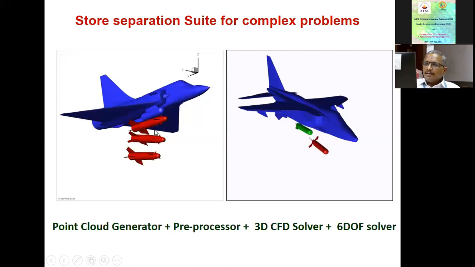Then you have to build what is called a 6-DOF dynamics code, where the dynamics of the movement of this released body will be tractable. So with the aerodynamic solution of the previous time step fed into the 6-DOF solver, you will be able to predict the motion of the body which is released to the next time step.